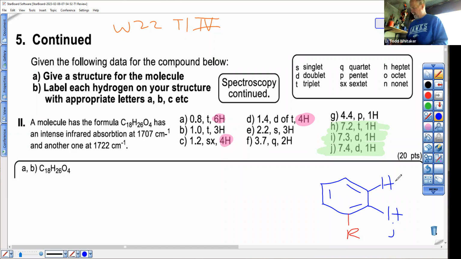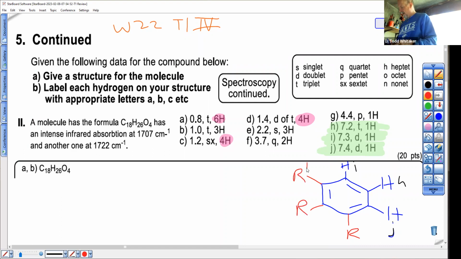We need a new color for our labels. We'll just go basic black. I'm thinking the triplet will be H, and then next door is the 3rd H. And that would have to be I. Now you better do something like this to show me you know those can't be H's, okay?